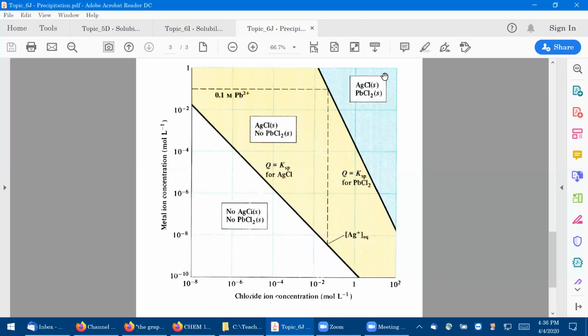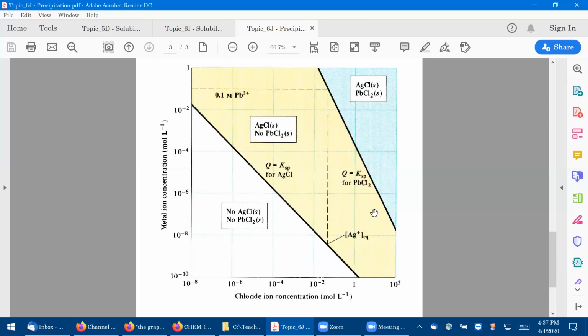So similarly, in this blue region up here, now the combination of the three ions, the silver, the lead, and the chloride, are such that both silver chloride and lead chloride precipitate because the Q is larger than the KSP of either one of those two salts. And so what will happen is that both of them will precipitate until this line is reached.